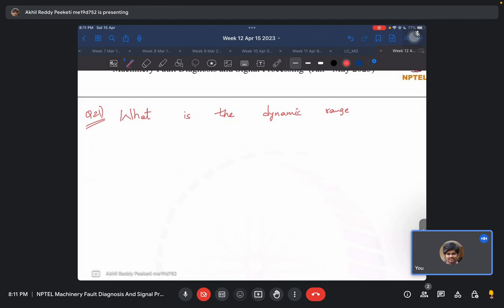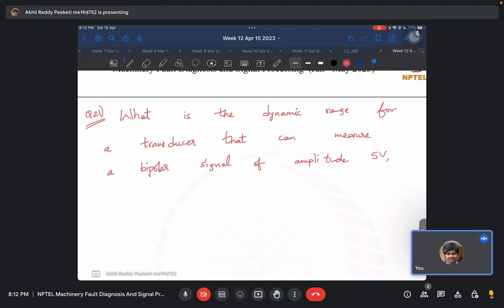What is the dynamic range for a transducer that can measure a bipolar signal of amplitude 5 volts with a resolution of 1.25 millivolts?